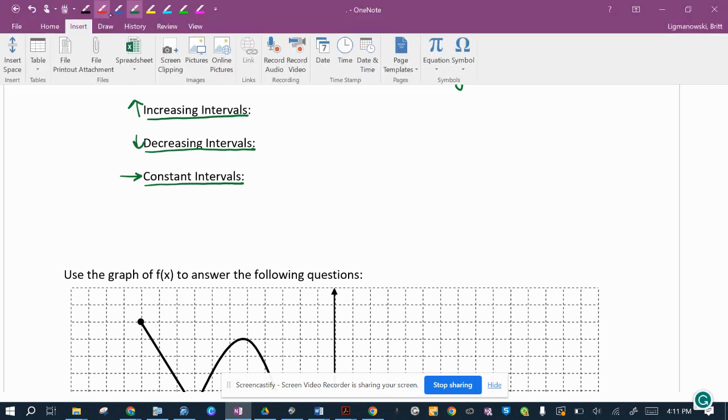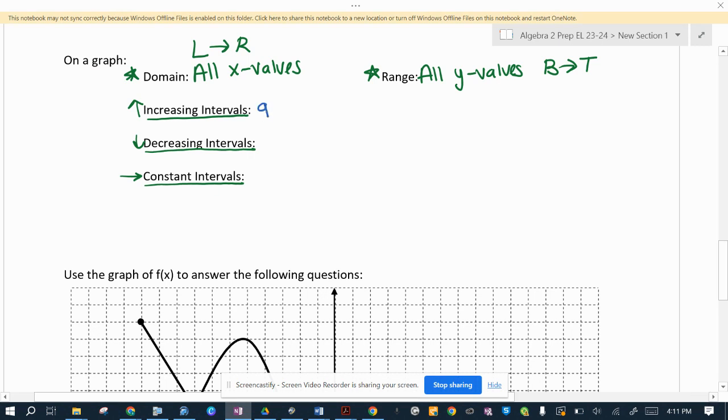For intervals of increasing, this is where the graph goes up from left to right. So we're always going to read the graph from left to right like we do with our domain.